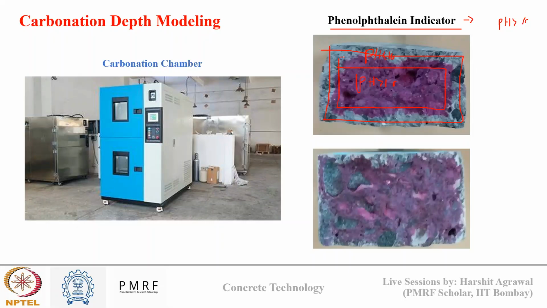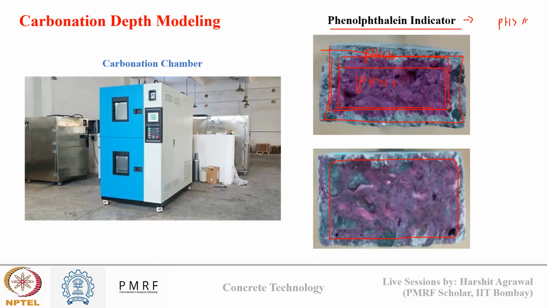So you can say this is the carbonation depth of my concrete, and here also you can see this will be my carbonation depth. Up till this depth, carbonation has shown its effect, and here there is no carbonation yet. Now naturally, this process of carbonation is very slow.